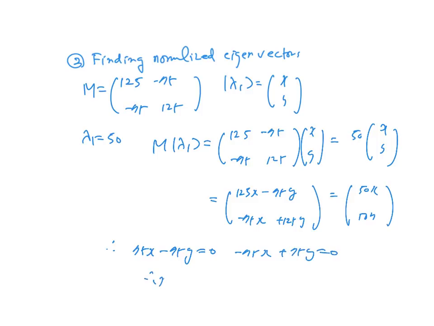So that means x equals y, right? So lambda 1 is (1, 1), and we can normalize it. So the normalized eigenvector will be 1 over square root of 2 times (1, 1), right? That's your first vector.